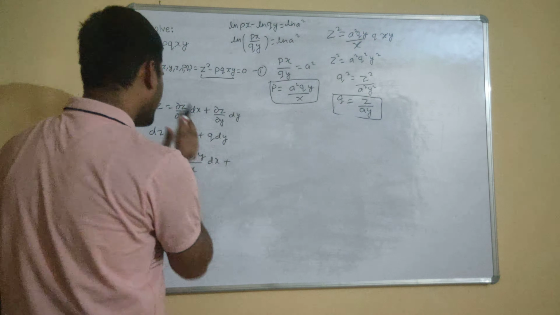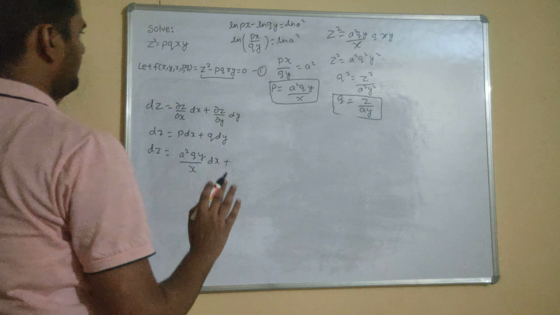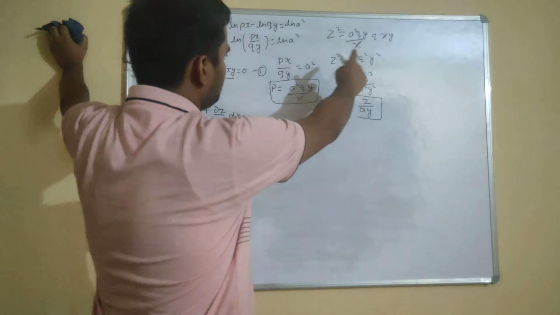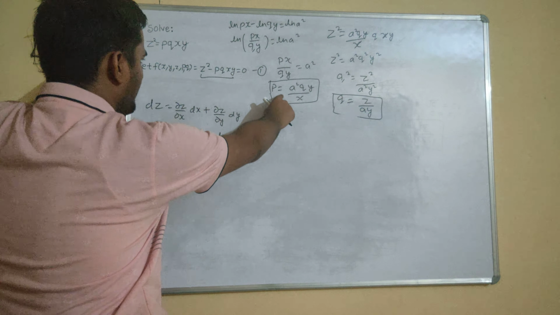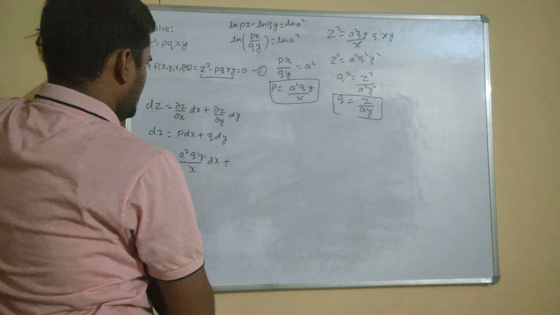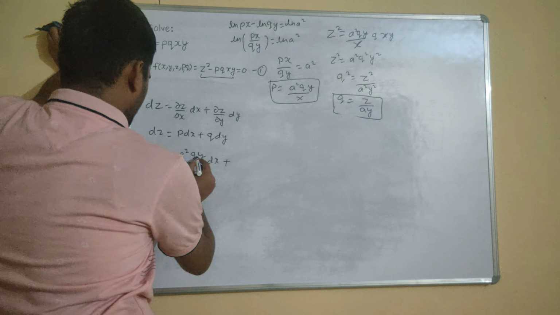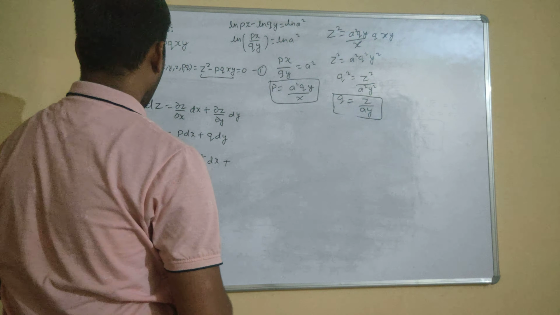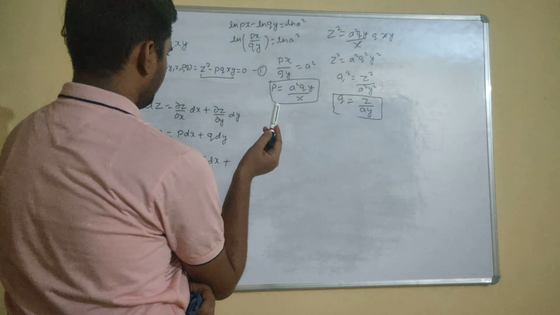Okay, and what is your q? Wait. Coming to p, px by qy equals a square.